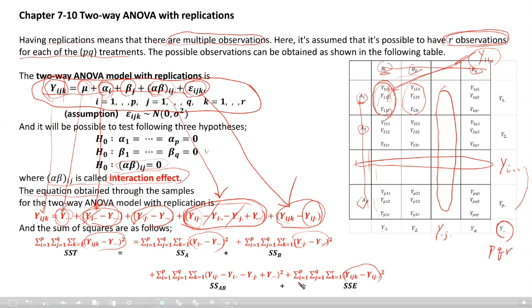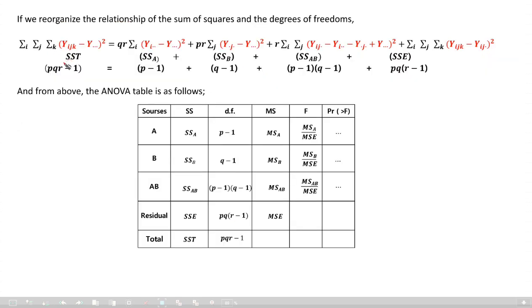And the cross product terms, the triple summation of all the cross product terms, are going to be zero and disappear. See, it's simple. Total sum of squares equals sum of squares of factor A, sum of squares of factor B, sum of squares of the interaction term AB, and residual sum of squares. See again here: total sum of squares, SSA, SSB, SSAB, and this one is SSE.